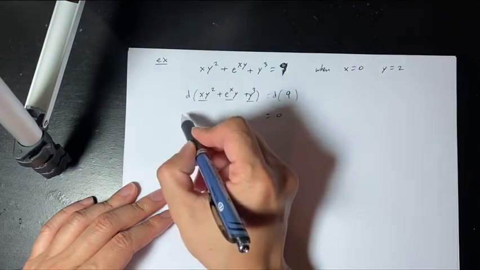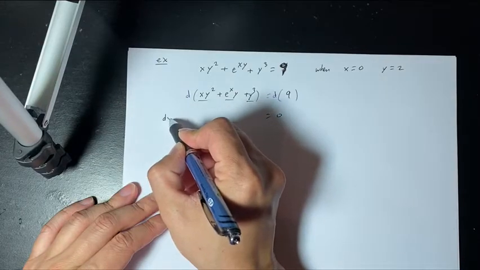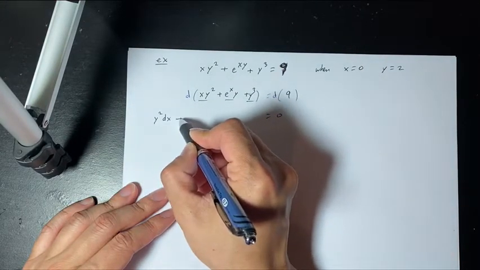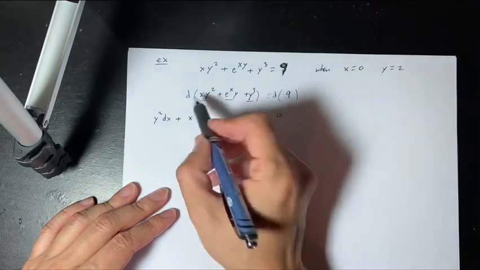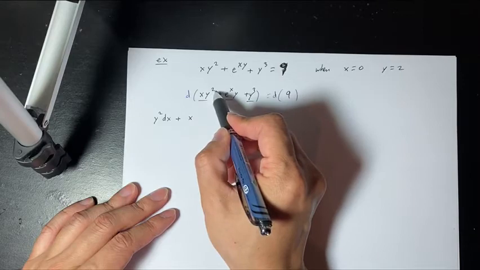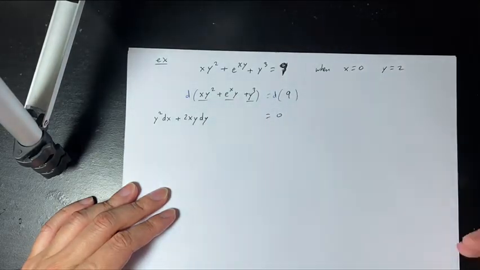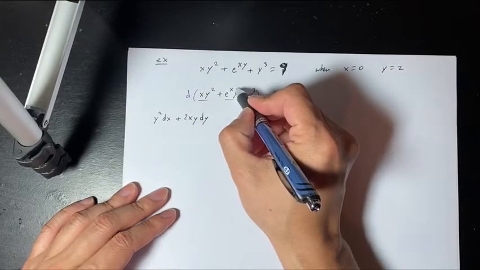So it'll be the differential of x, but then you keep the second guy. And now I'm going to keep the first one, which is x. I'm going to differentiate the y squared, but that will be 2y multiplied by the differential of y.